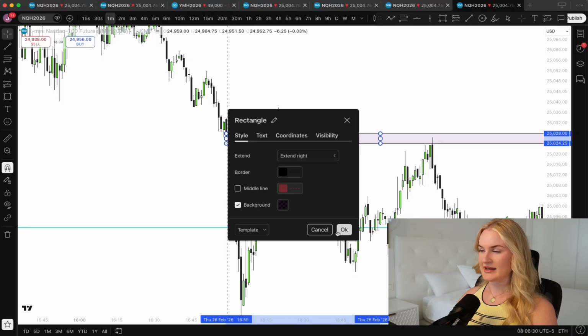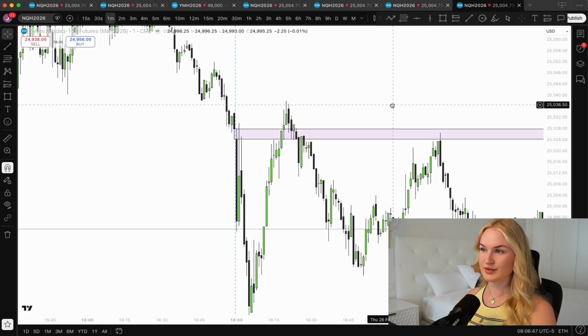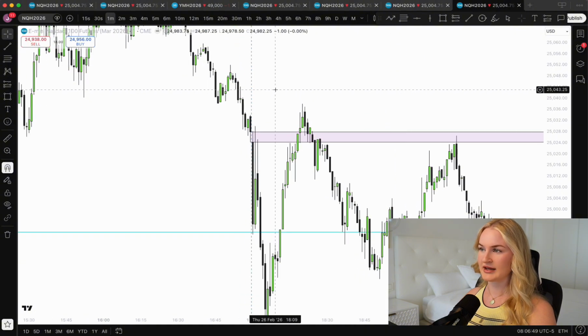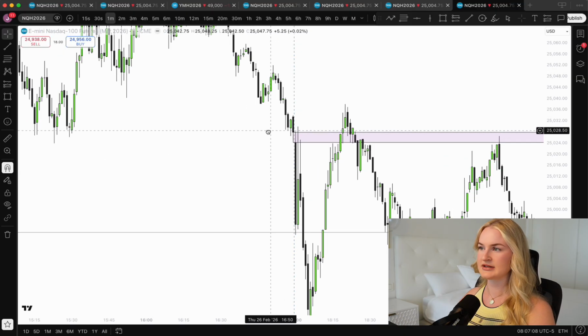I always extend the lines so that I have them throughout the whole chart. And for the people who are completely new, you can use the magnet, so you don't have to guess where the open or the close of a candle is, but it leads you directly to it.